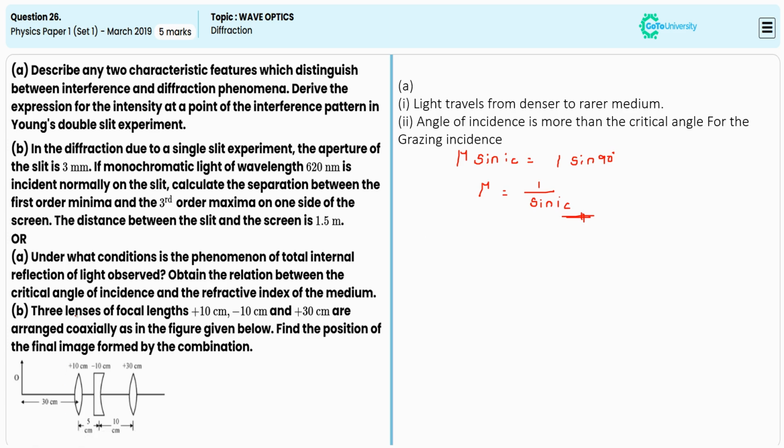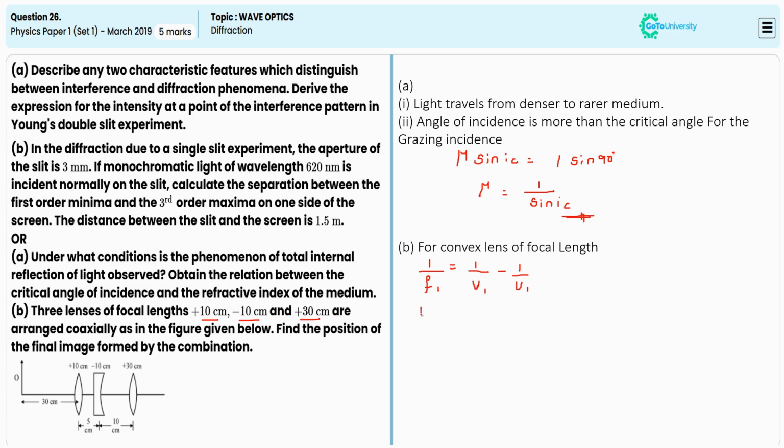Part B, three lenses of focal length 10 cm, minus 10 cm, 30 cm are arranged coaxially as in the figure given below. Find the position of the final image formed by the combination. For the convex lens of focal length f1, we have 1 upon f1 is equal to 1 upon v1 minus 1 upon u1.